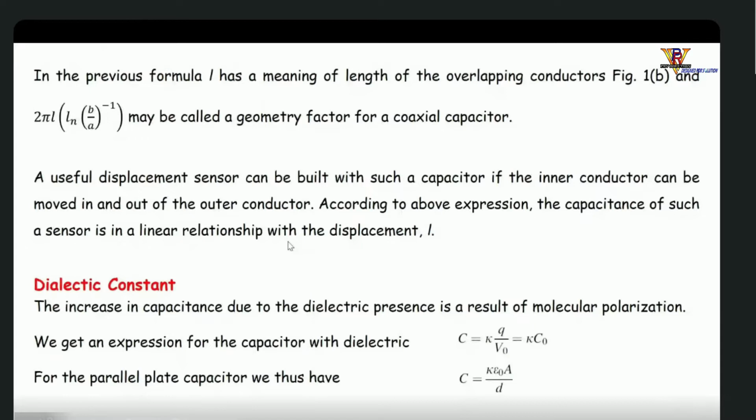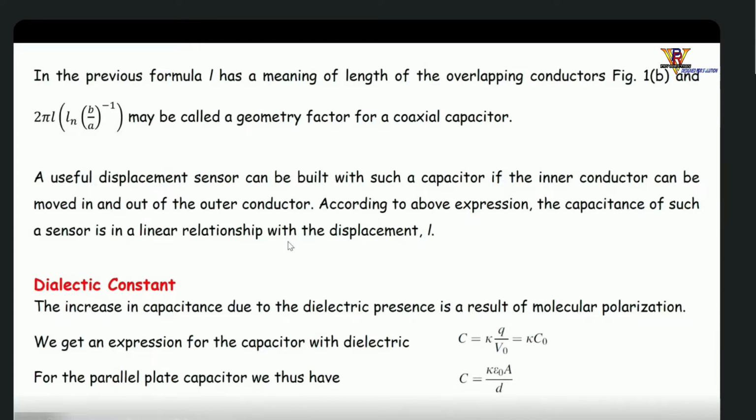Now, this is one thing: by changing either A or D or L, we can get different values of capacitance. So we can use this to measure different types of stimulus, different types of input signals, with the help of a capacitor. The second thing is the dielectric constant.